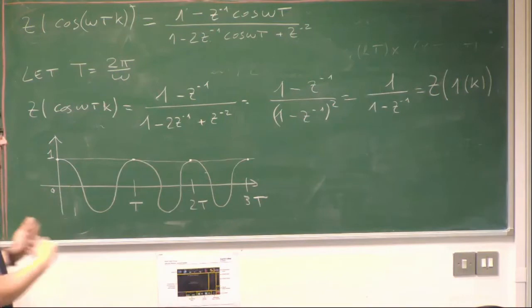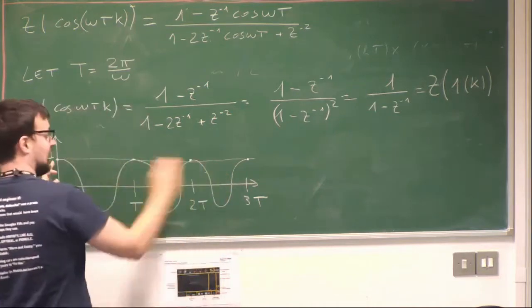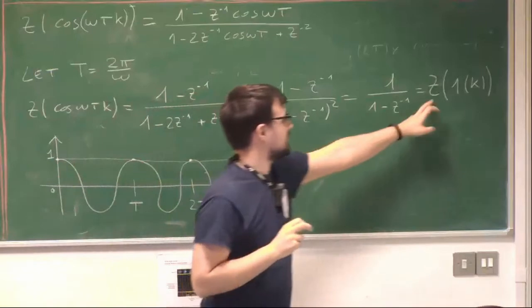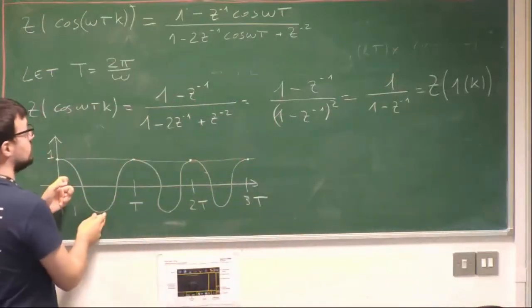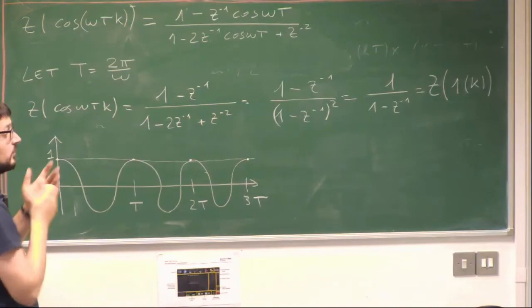However, the continuous time function is unknown, because it may be the straight line as the continuous time version of this function, or it can be the cosinusoid as the continuous time version of this function, but we don't know. Okay.